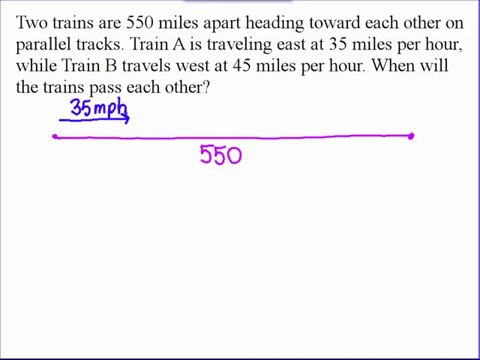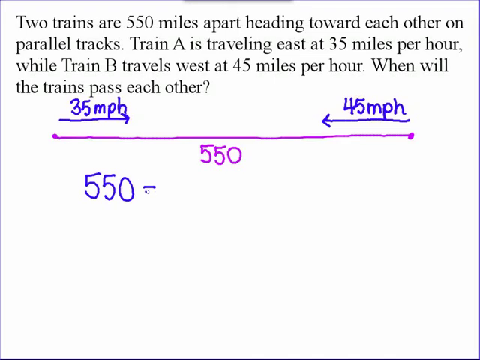And we have train B heading this way at 45 miles per hour. When will the trains pass each other? So now this is the thing. We want to know when the trains together have passed a total distance of how far? 550. Alright, so 550 is going to be what I start with.